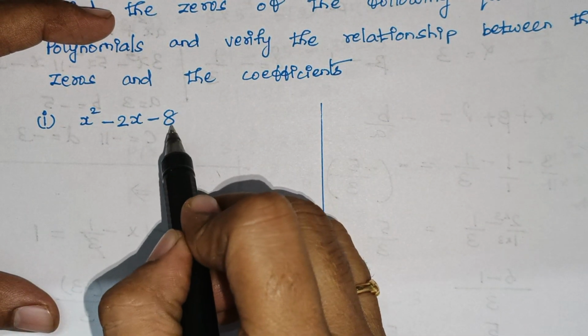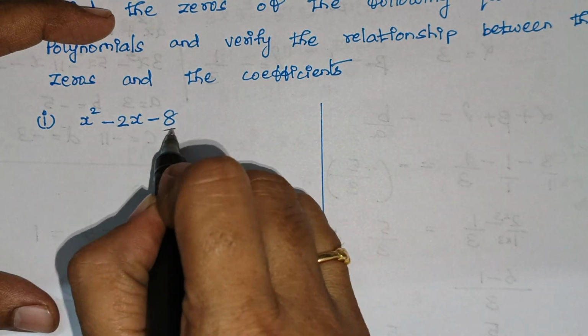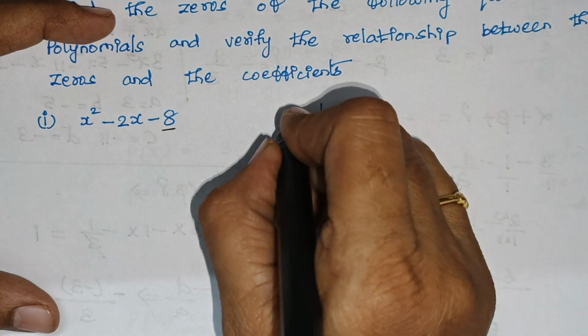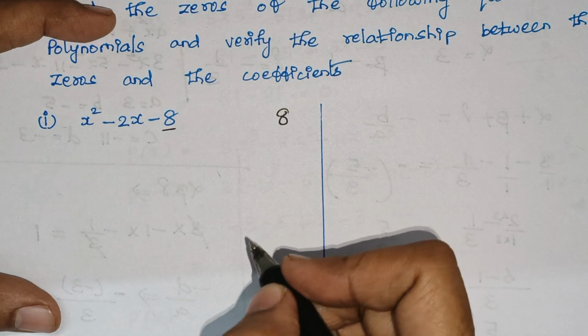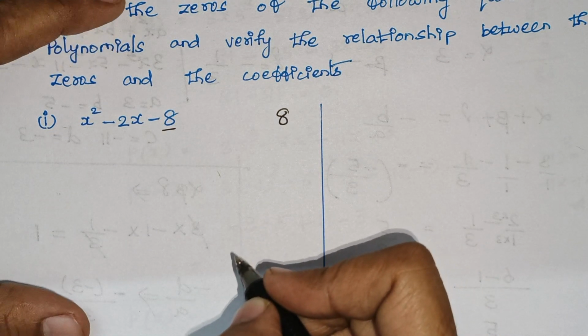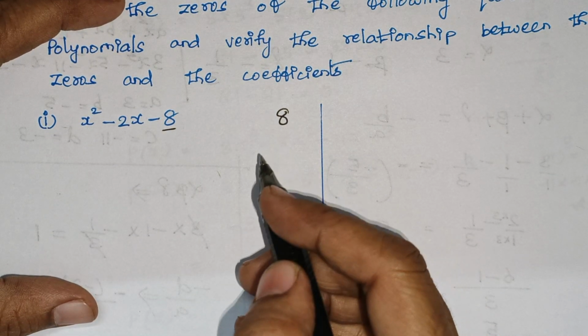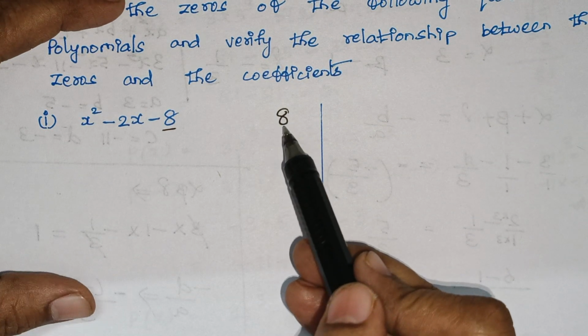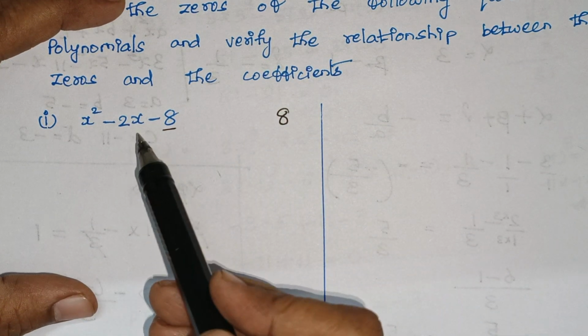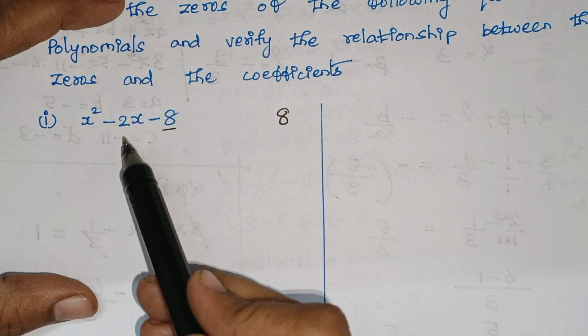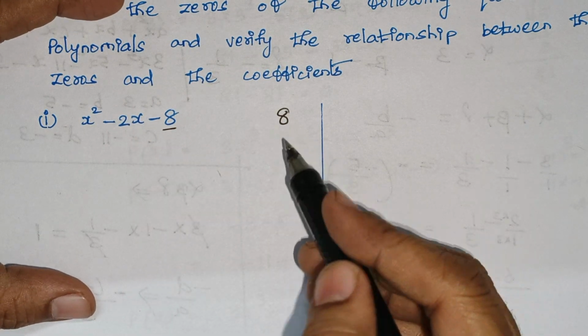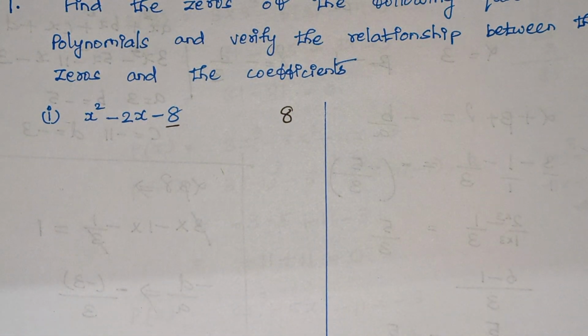So as I already said, this is 8. So just take your 8 here. We have to find two numbers in such a way that when you multiply, you get the number 8, and when you add or subtract, you get the number 2. So first I am considering 8. What are the possibilities to have 8 here?